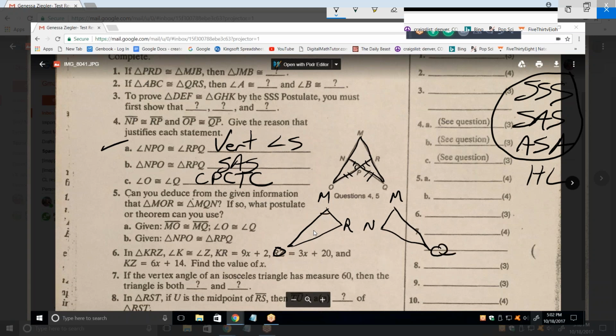Well, I know angle M is equal to angle M, and OR is equal to NQ. Because it's CPCTC?